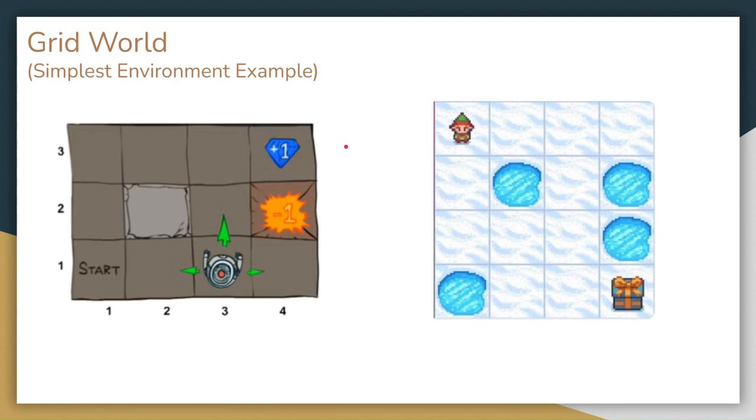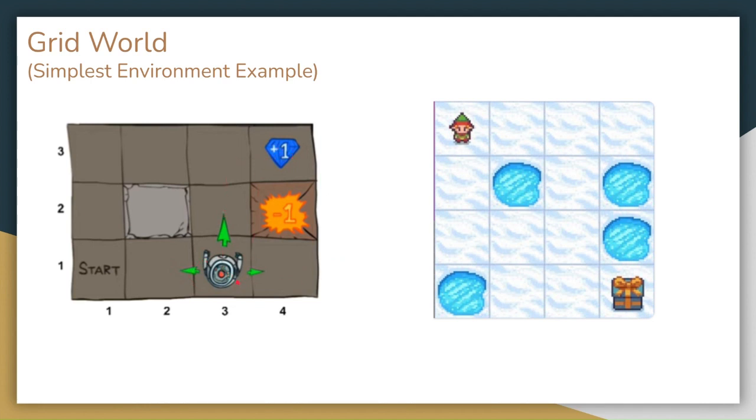When you win or you die, the game just restarts again, and you continue to play again and win again or lose again, and hopefully your agent can learn how to win consistently. In this simple game, it's very easy, right? If you are here, you just move up, right, and you win.